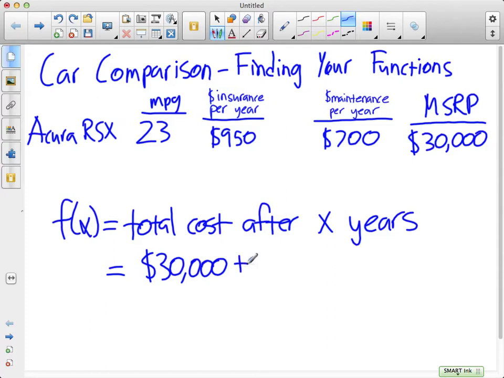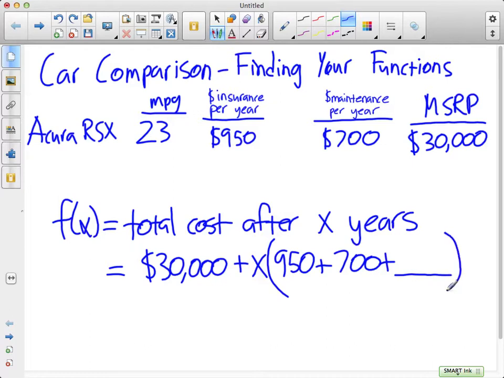And then plus, well then every year we're going to have some certain number of dollars that we pay. So x is the number of years, and we're going to pay $950 for insurance, $700 for maintenance, and then we need to figure out what goes here for gas. So let's talk about that for a minute.